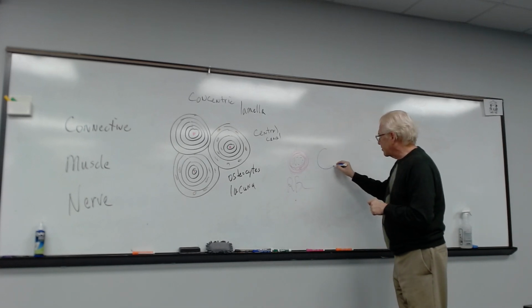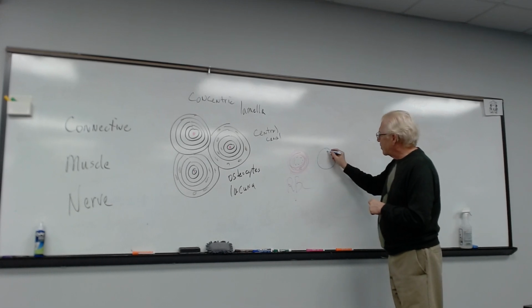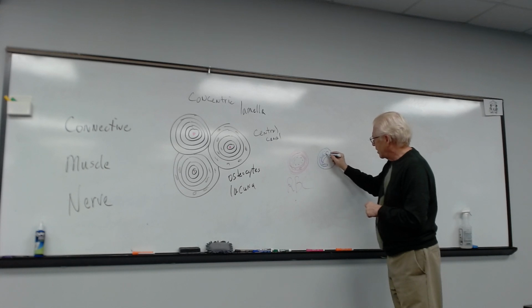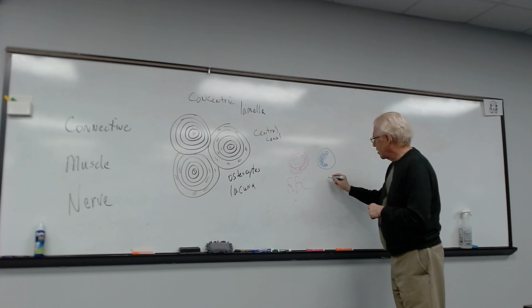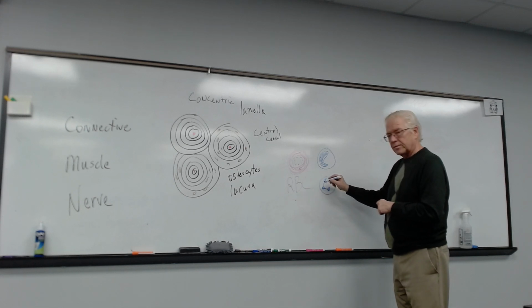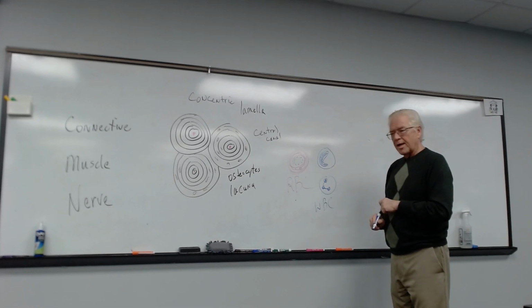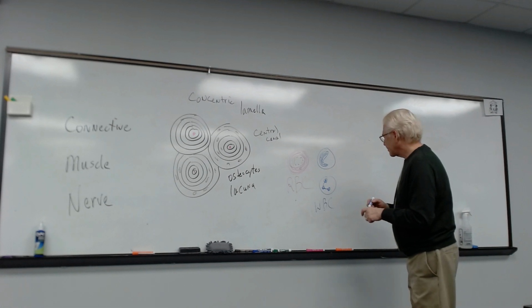If you have a cell, sometimes as big, sometimes bigger, but it has either a big nucleus inside like this, or it might have multiple nuclei like this. Those are your white blood cells, also known as leukocytes.